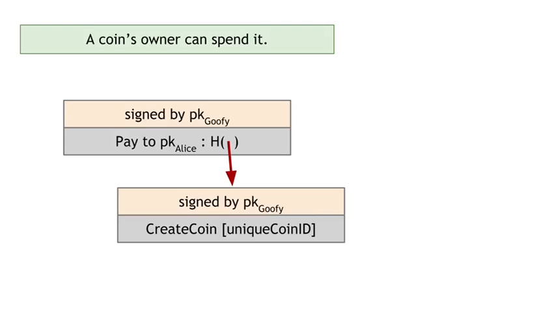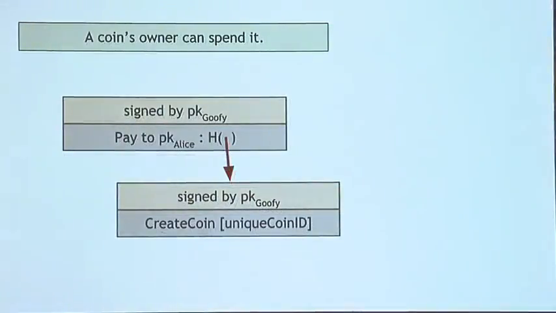The second rule of Goofy Coin is that whoever owns a coin can pass it on to someone else. They can spend it. So for example, here we have the coin that I showed you before that Goofy created. And now we're going to take a hash pointer to that coin and then we're going to create a statement. Goofy's going to make a statement that says, pay this to Alice. Alice is being named by a public key here. Pay to public key Alice the coin that's represented by this hash pointer.